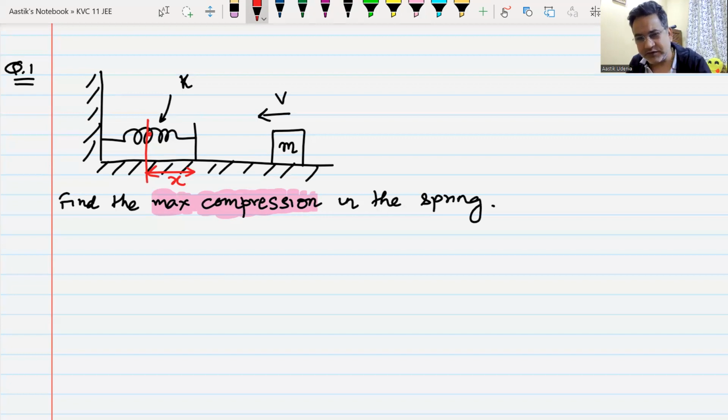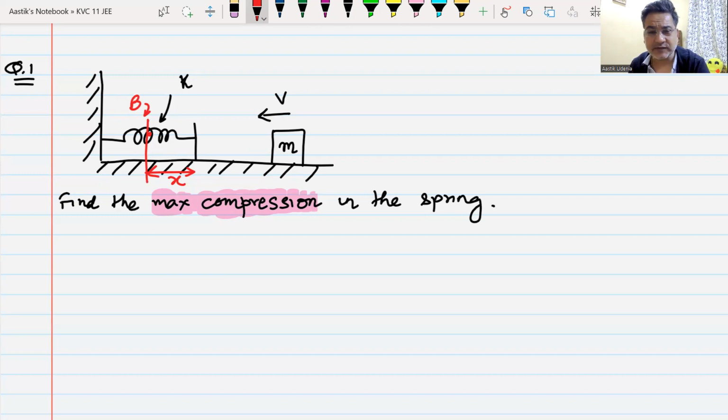As more and more of the spring gets compressed, the force in the spring becomes more and more, and the velocity of the body will keep on decreasing, up till this point B, let us say. What is the special condition at point B, when the spring is in its maximum compressed state?